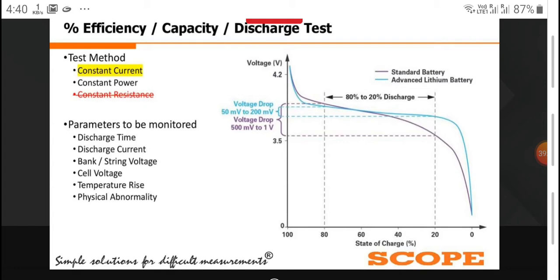Now in between the 80% and the 20% discharge mode, the voltage is decreasing in a very linear way. Okay, so this is exactly how the discharge process of the battery happens. And during the discharge process, if you are getting any abnormal curves other than this signature, you can say the battery is not in a good condition, or there are some problems in the battery.